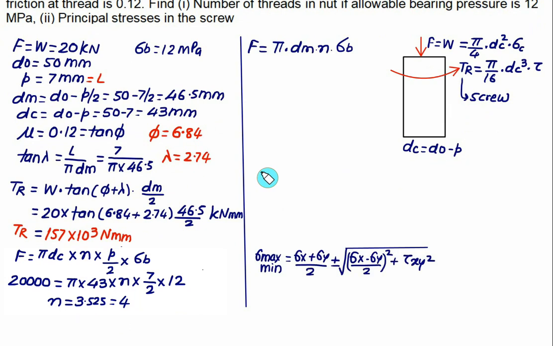The compressive stress produced, sigma c, will be taken as negative, 4F divided by pi dc square. So we have minus 4 into F equal to 20,000 divided by pi. This time we take the core diameter for the screw body, equal to 43, and square it. So the compressive stress will come out to be minus 13.77 megapascal.